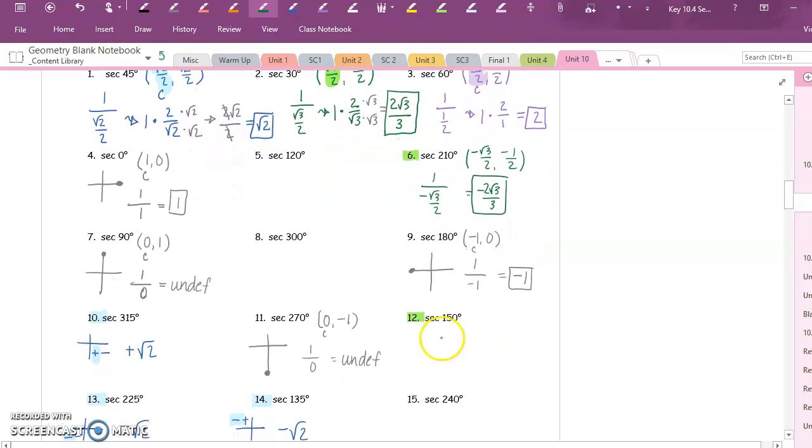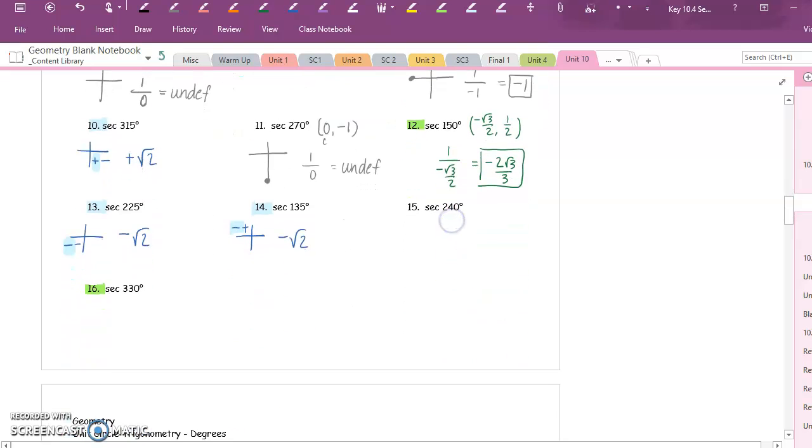Secant of 150 degrees, 150 is in the second quadrant. So we have negative root 3 over 2, comma, positive 1 over 2. We have 1 over a negative number, negative root 3 over 2. So we're going to end up with a negative answer again. And then finally, number 16.